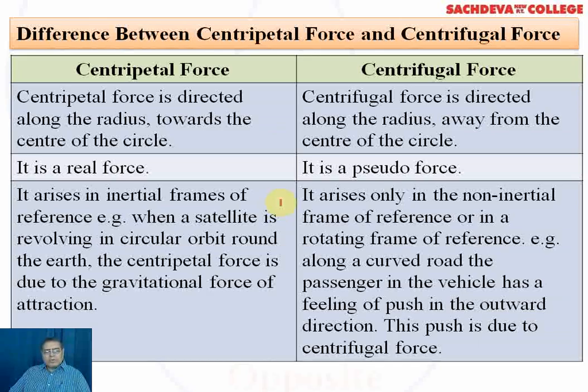Centrifugal force is directed along the radius away from the center of the circle. It is a pseudo force. It arises only in a non-inertial or rotating frame of reference. For example, along a curved road, the passenger in the vehicle has a feeling of push in the outward direction. This push is due to centrifugal force.